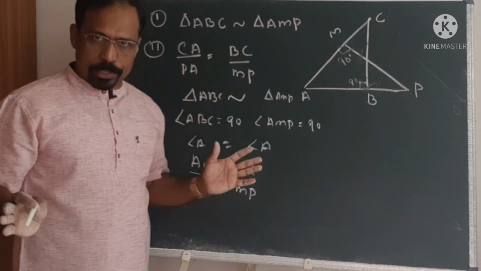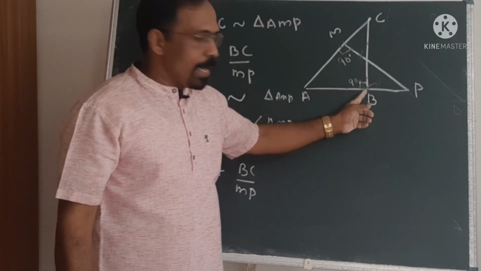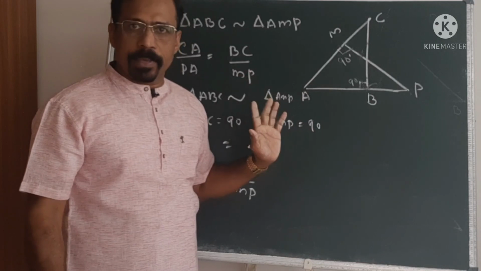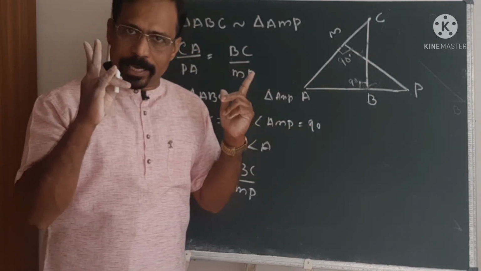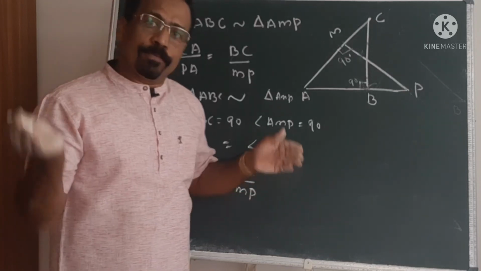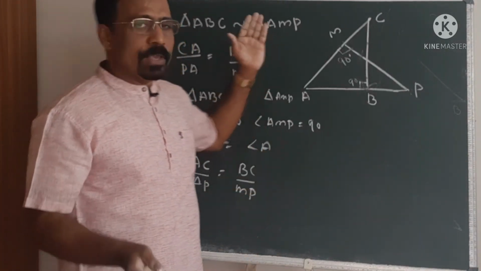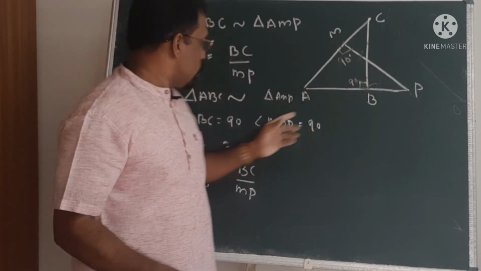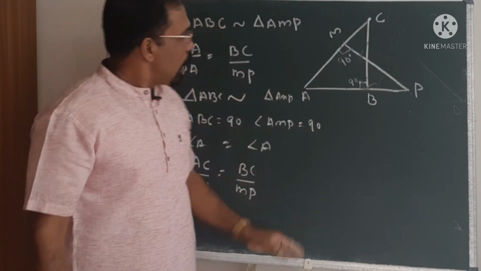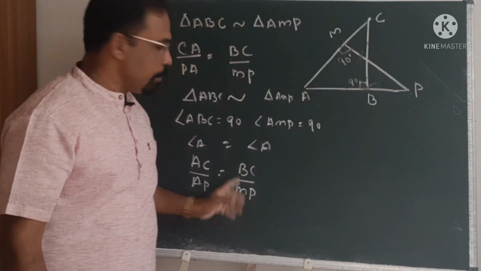So in this question, we have seen that the 90 degree angle is common in both the cases, and then there is a common angle A. So if two angles are equal, then we can say that they are similar triangles. So if they are similar triangles, then their corresponding sides are proportional. So we have equated the hypotenuses, that is hypotenuse is AC, here it is AP, and here it is BC, that is similar to MP.